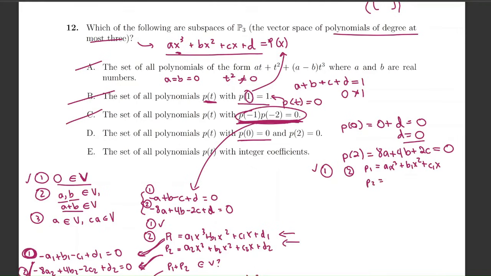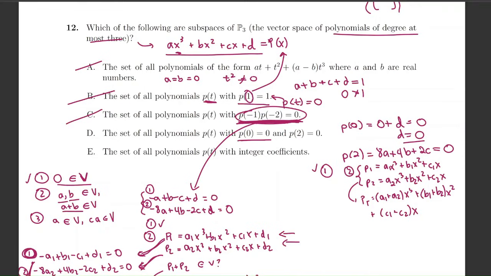And then we have another polynomial, a2 x cubed plus b2 x squared plus c2 x. And then we add them together, and we get a1 plus a2 times x cubed plus b1 plus b2 times x squared plus c1 plus c2 times x.